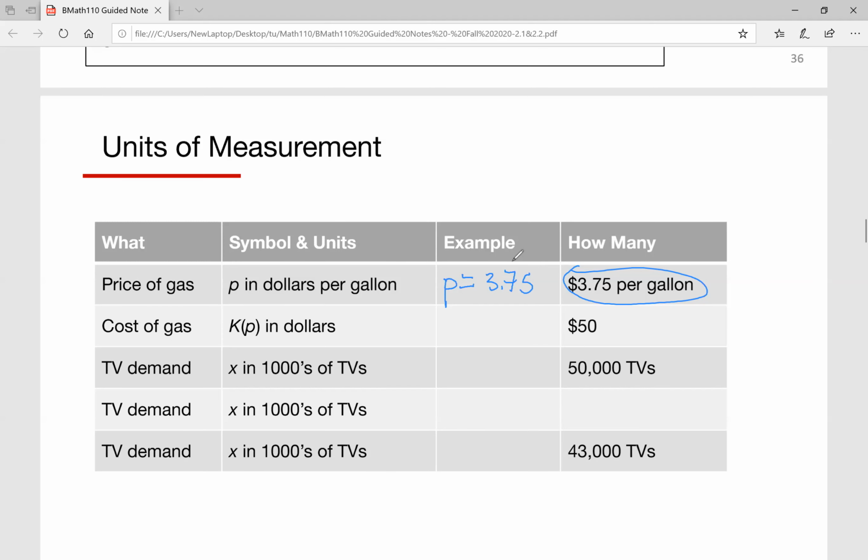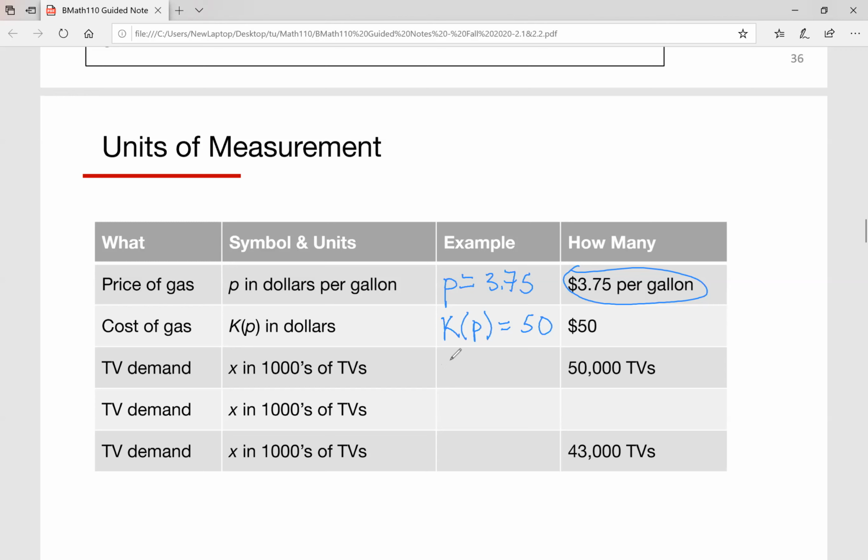So it's going to say k(p) equal to $50. And okay, now for the TV demand, I have x in 1000 TVs.